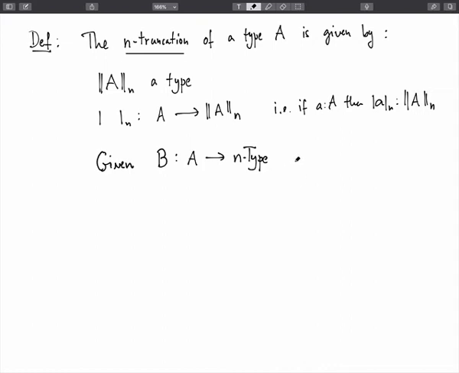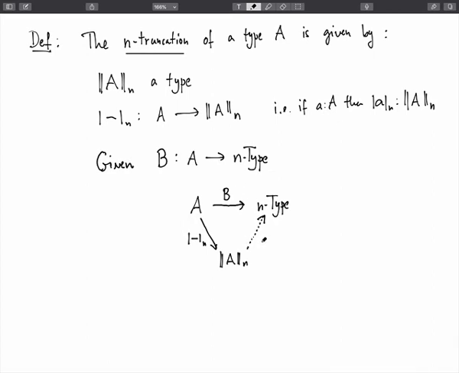And so now what I want is to be able to factor this through A. So let me draw a picture. I have A, and here I have n-type, and I have B, and I have the truncation like that, and there is this map. I want to be able to do this.